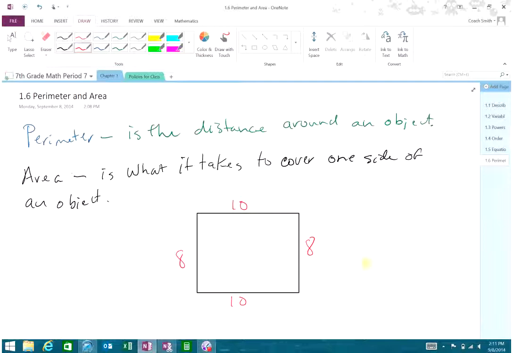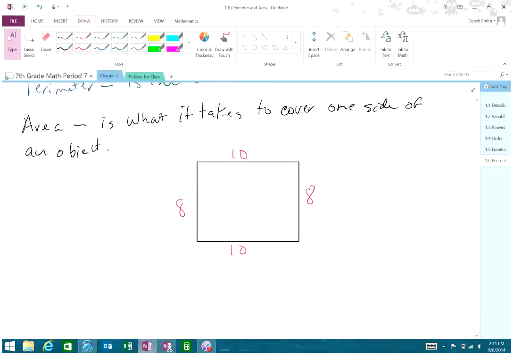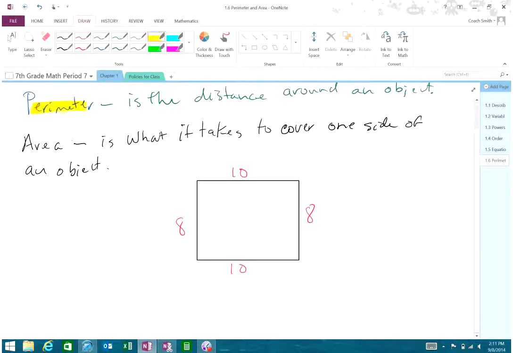Okay, if we want to go around this figure, we would do this right here. Okay, hopefully walk a straighter line than that.